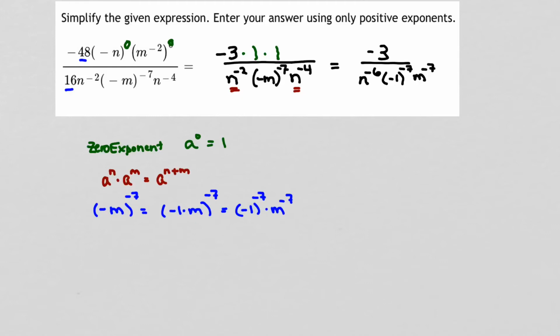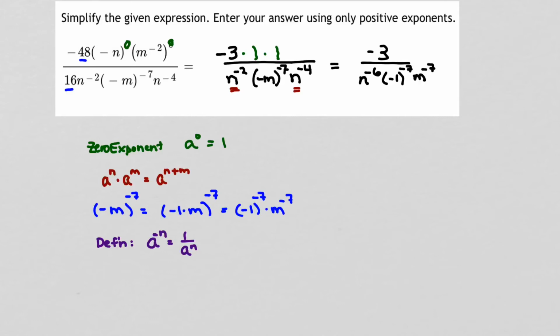All right. A couple more things we need to do because we're almost done, but we have a bunch of negative exponents in there, and we need to clear those out. To clear out our negative exponents, we want to use the definition for negative exponents. The definition says: if I have any base to a negative exponent, I can convert that into a positive exponent by inverting my base and making my exponent positive.